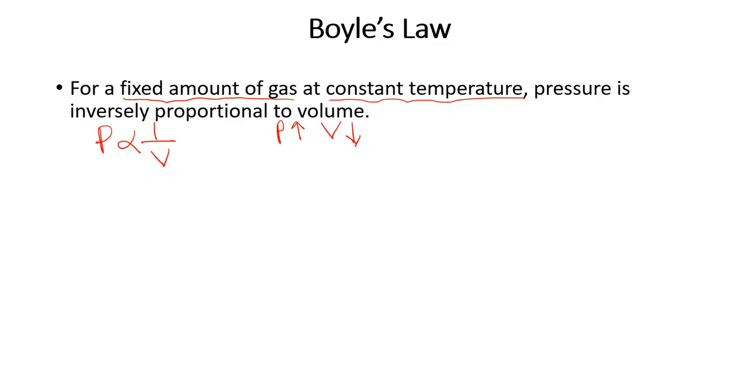And think about what is constant in this case. The constants we have, the first one is the mass of gas, or the moles of gas. So these are constant.